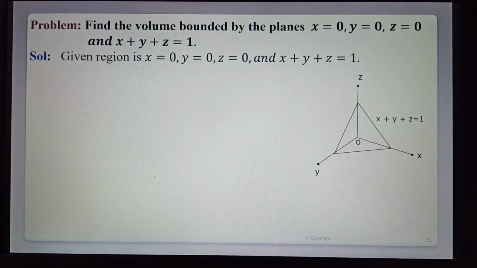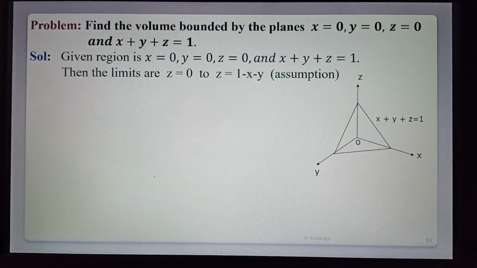For the limits, for example, z equal to 0, then from the plane z equals 1 minus x minus y. So z is eliminated, and x and y remain. With y equal to 0, then y equals 1 minus x, so the y limit is 0 to 1 minus x.